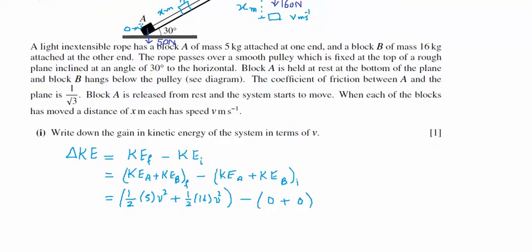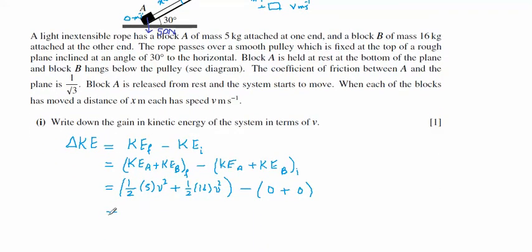Then it is just a matter of simplification. After simplification, this will be 5 plus 16, which is 21 over 2 v square. This is positive, because v square is always positive and 21 over 2 is positive.